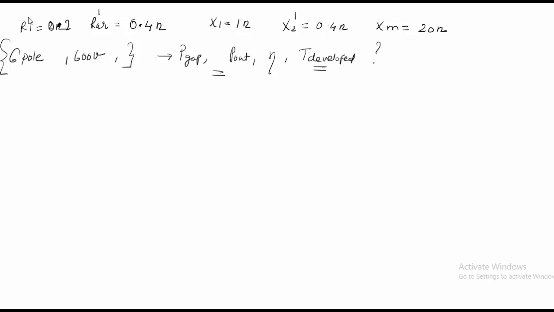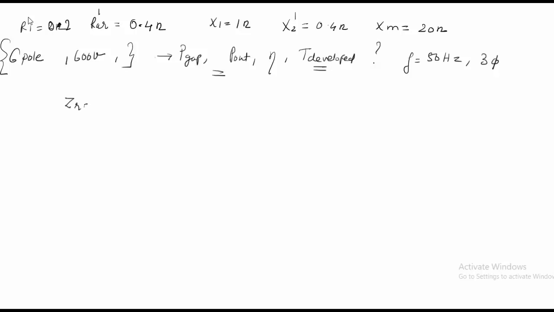If you are given such a question, the frequency is equal to 50 hertz, and this is a three phase machine. So the first step is to find your resultant impedance.